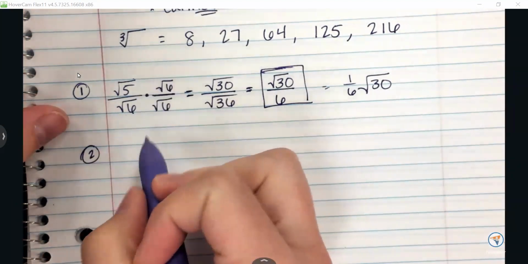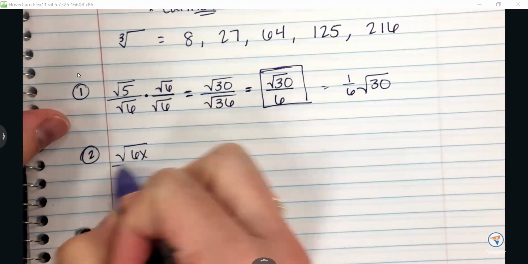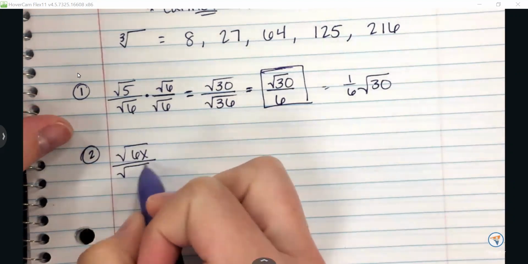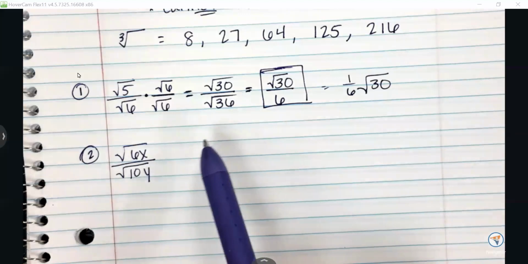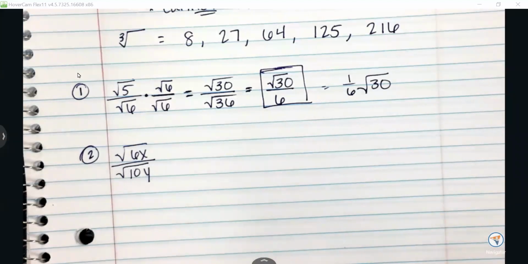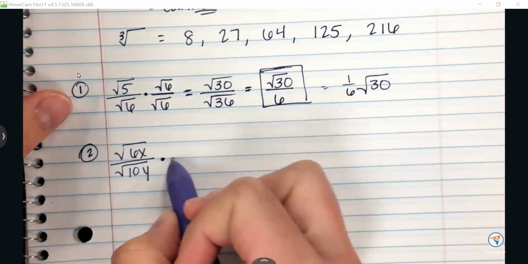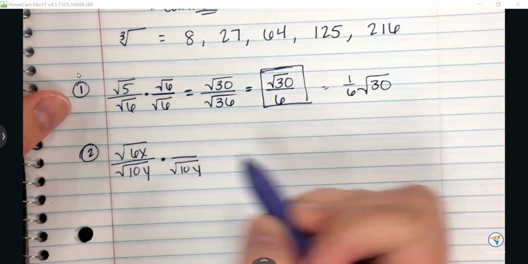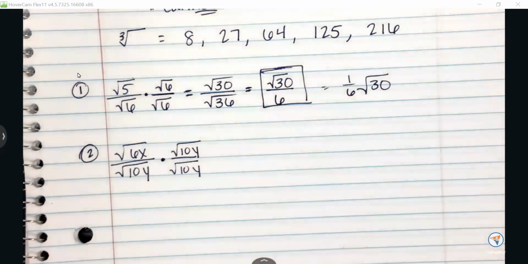So I have square root of 6x over the square root of 10y. Okay, so yes, you have two choices. I can make this one big radical and simplify, but I also know that I can get 10y to a perfect square because this is a square root. So I multiply by the square root of 10y on the bottom and the square root of 10y on the top.